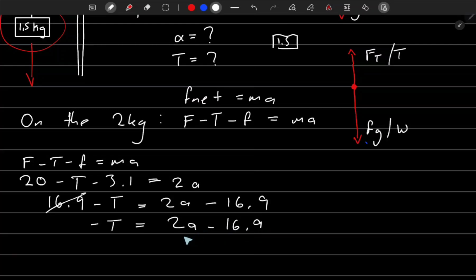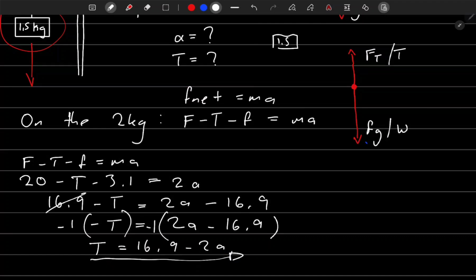However, we want a positive tension, so we multiply both sides by -1. So the tension is equal to 16.9 minus 2a. Keep this equation because we're going to need it in a moment.